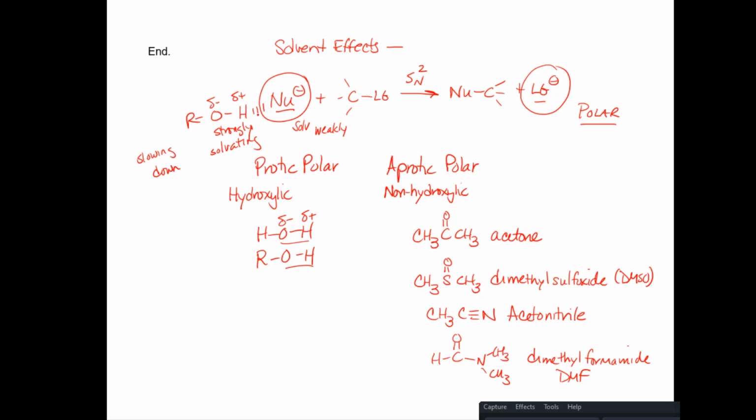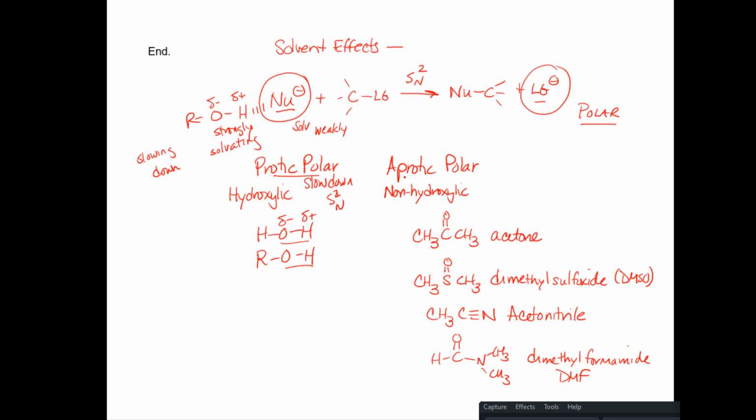And getting rid of it, if it's strongly solvated, is going to take more energy and slow down the reaction. So in this case we look at a negative effect: polar protic solvents, by strongly solvating the nucleophile, slow down an SN2 mechanism.